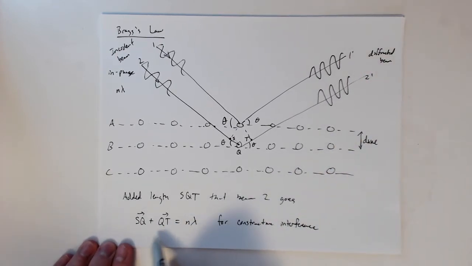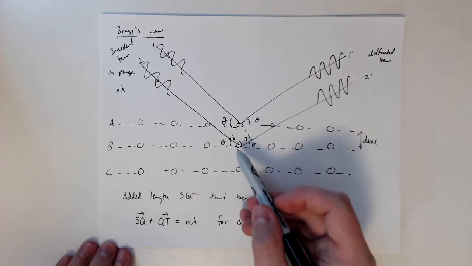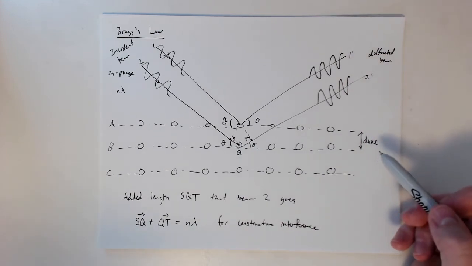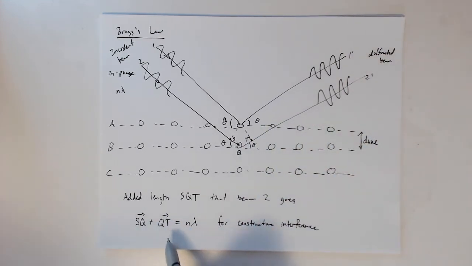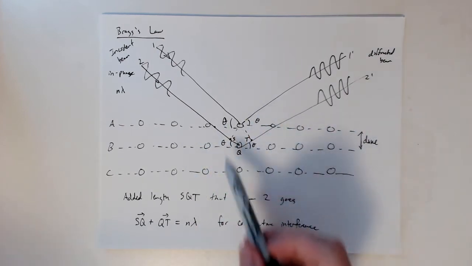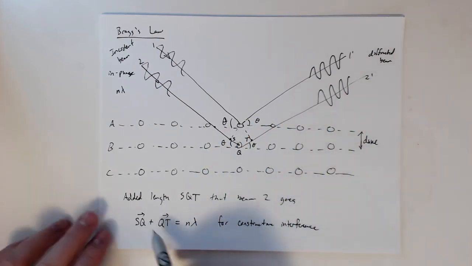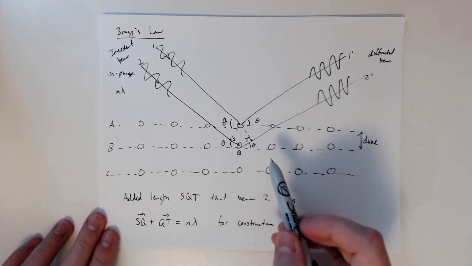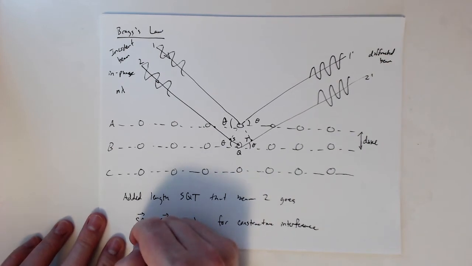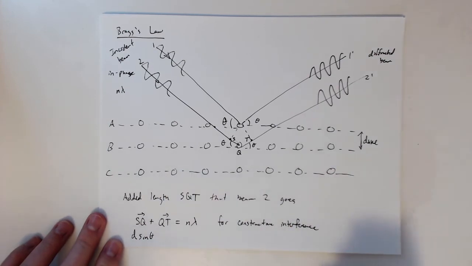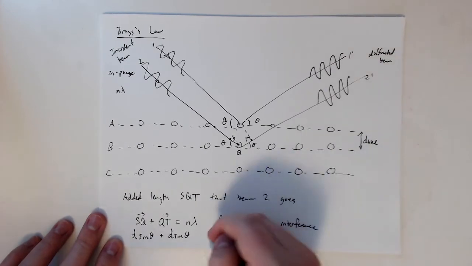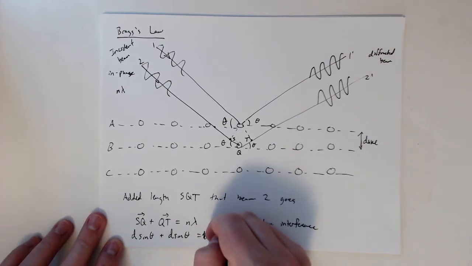We can write these distances, SQ and QT, in relationship to this angle and also the d-spacing here. Because SQ and QT don't really mean anything by themselves, we want them in relationship to the material. If you work out some triangles and so forth, this gives us d, the interplanar spacing, times sine theta. That's the distance. So both of these are d sine theta, and that has to be equal to n lambda.